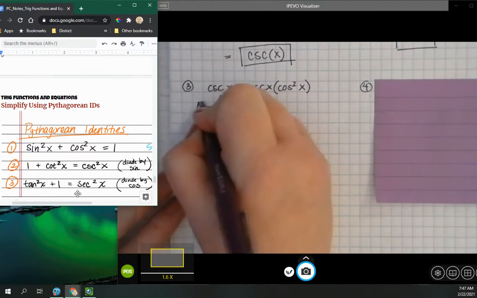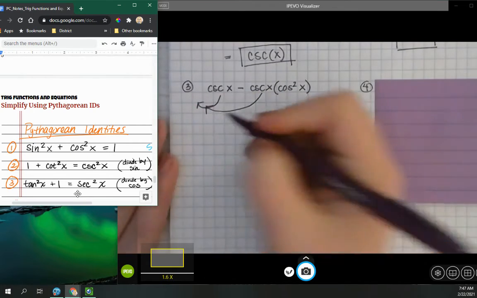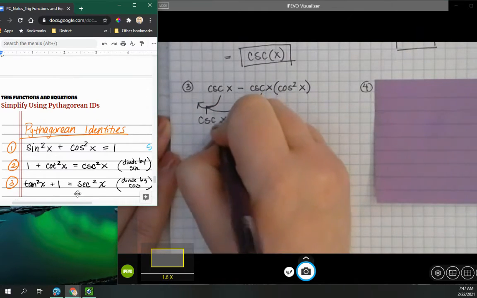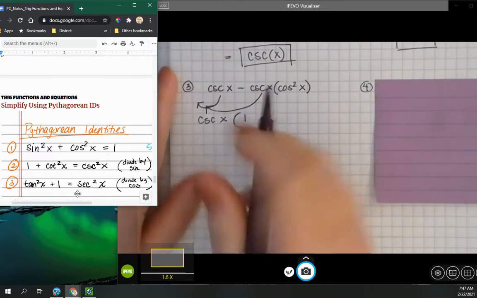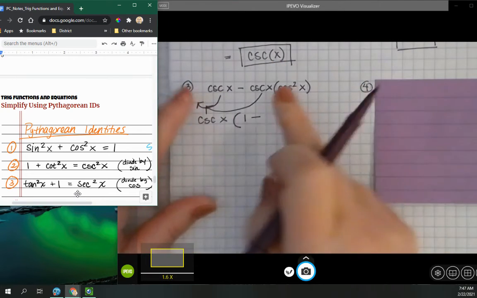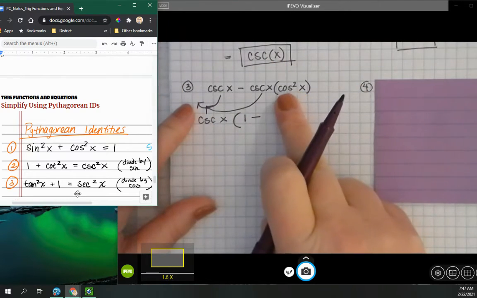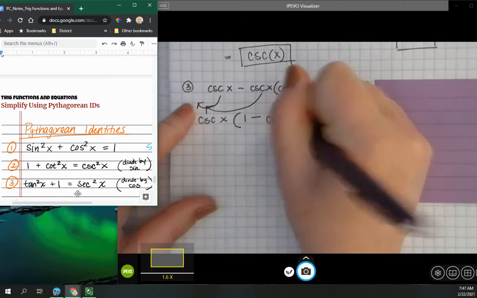So we're going to take it out, almost like a reverse distributive property. So I've got cosecant in the front. If I take the cosecant out, I'm left with just a 1. Cosecant times 1 is cosecant. Minus, if I take out a cosecant, the only thing left is cosine squared x.